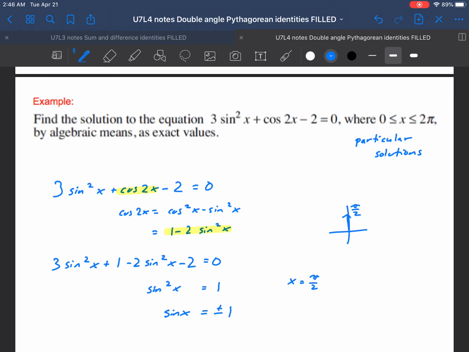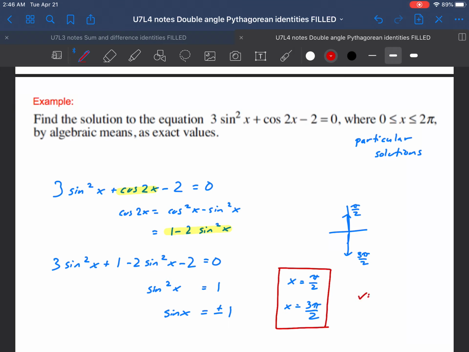So right there at pi over 2, the sine is positive 1. And then down here at 3 pi over 2, the sine is negative 1. Okay, so I believe those are the only answers. Okay, now let's go back and check it just to see.